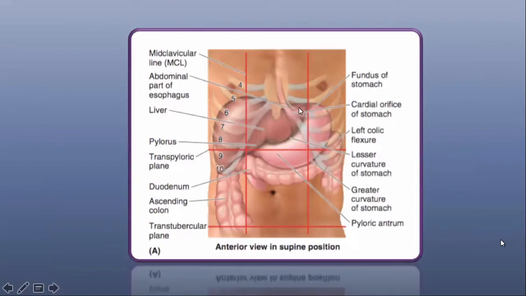Looking at this image, you can see that it is at the level of your 6th costal cartilage. While your fundus here would be related to what? To your 6th rib, posterior to your 6th rib. See? That there. This is in the supine position.